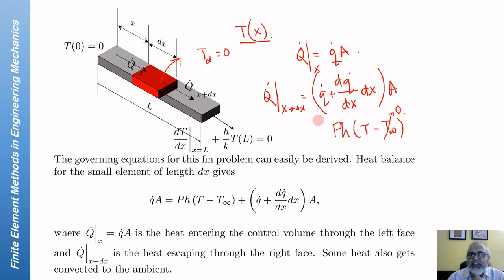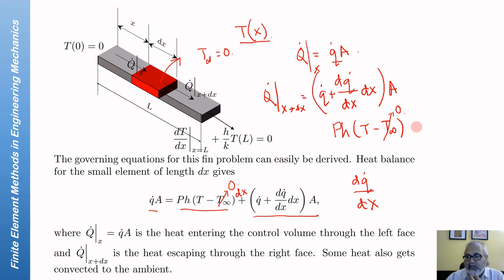Now, heat balance is heat entering has to be heat lost by convection plus heat leaving. This is what you have. Then q dot A cancels on both sides. T infinity is taken to be 0. Oh, sorry, there should be a dx here.